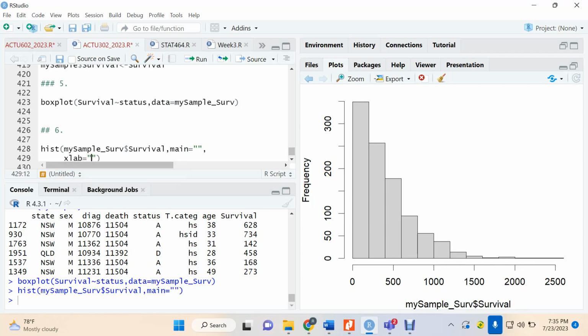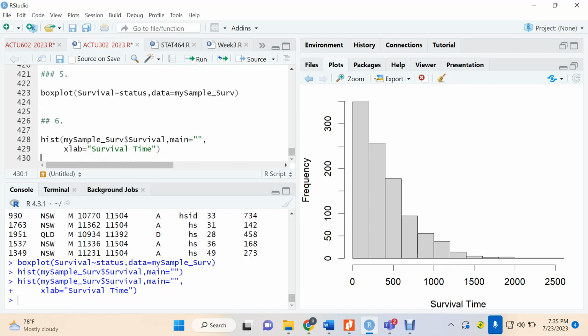Most of you were not changing it. I mentioned this in class, but if you are doing your exam and you don't, I'll penalize you. So please take note. Survival time like this, nicely done. So you do this, you copy this, and then you also copy the graph and put it there.